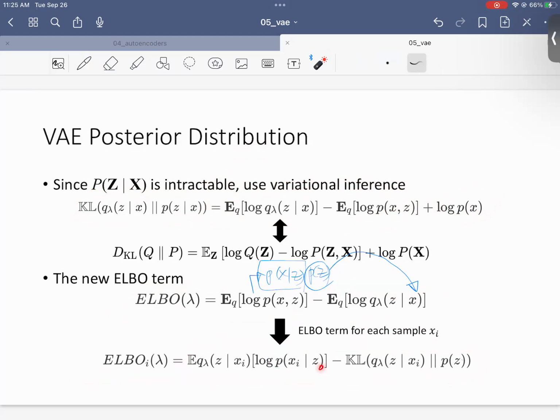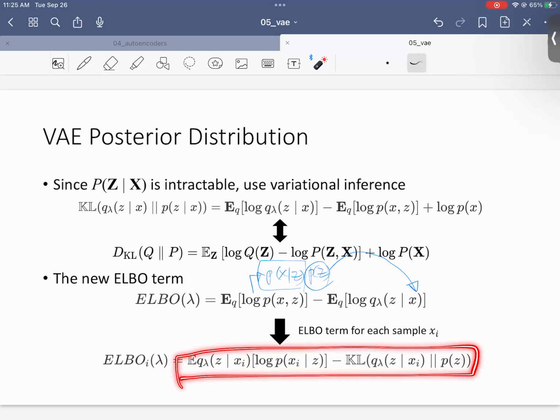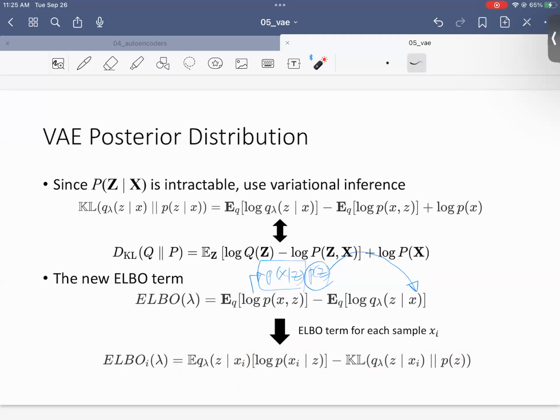We know that this is the encoder. I'm sorry, this is the decoder. This is the decoder. This is the encoder. This expectation over this distribution is the encoder. We know that P(z) is the standard Gaussian distribution. So all the terms we know. So we can maximize this, thus indirectly minimizing this.